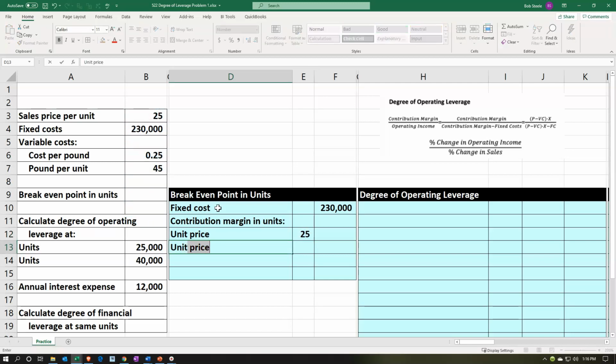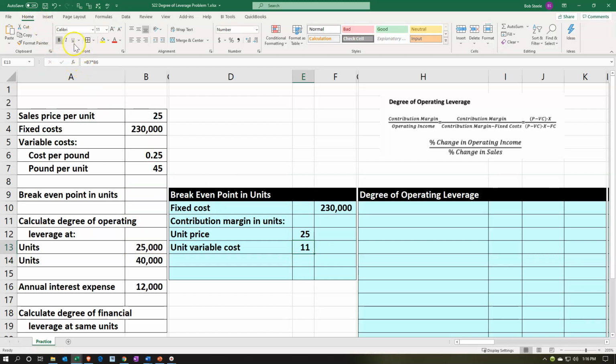We then have the unit cost. We can say variable cost, which is going to be equal to, we're going to have to multiply these two together now because it takes 45 pounds per unit times the cost per pound, which is 25 cents. So that's going to give us our $11 per unit.